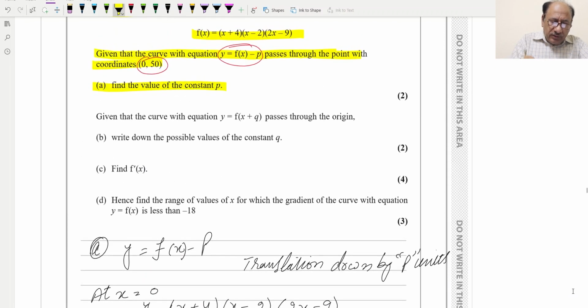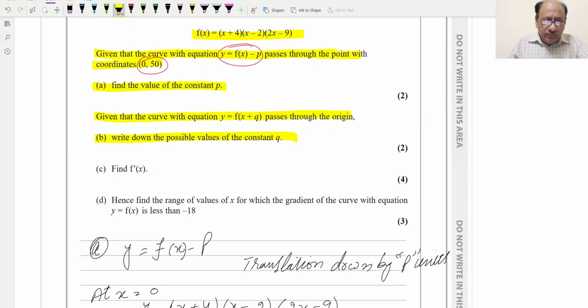Now for b part, they are saying given that the curve with equation y is equal to f of x plus q passes through the origin, write down the possible values of q.